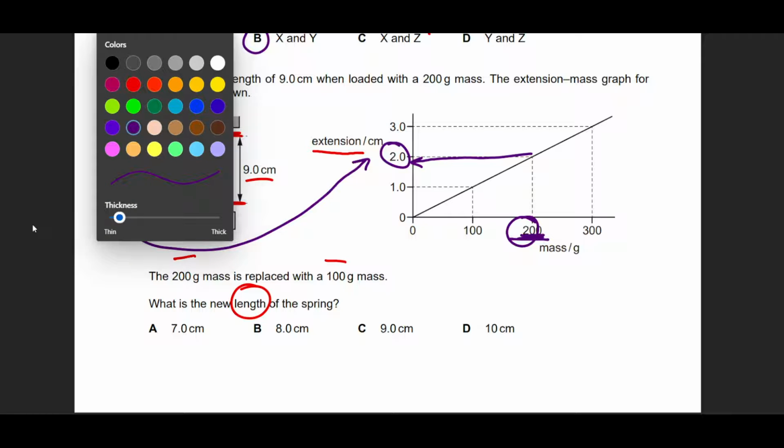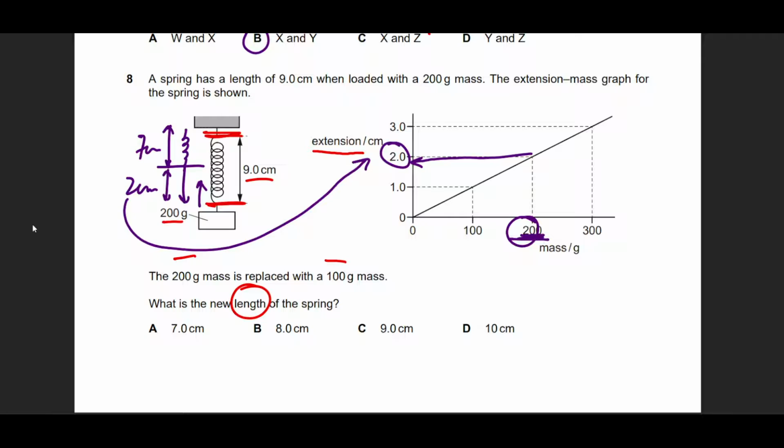Now, if you replace the mass with 100 grams, it means that you're going back. You're going to reduce the stress. So the extension today is only going to be 1 centimeter. There are two ways to look at this. Either you can compare by reference case, which is that the original or unstretched length is 7 centimeters. Adding 1 centimeter to it will give you an answer of 8 centimeters.